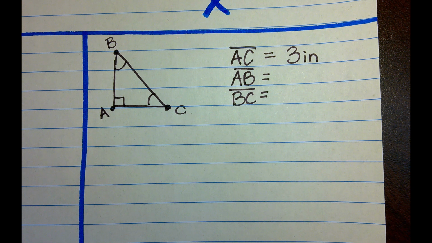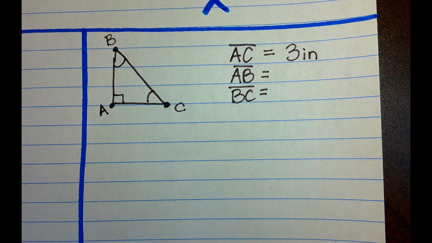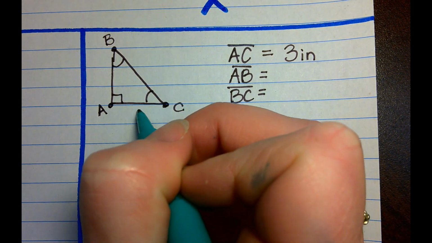I always like to start these problems by labeling what I know. What am I given? AC equals 3. Yes, I know AC is 3 inches. So let's go ahead and write 3 down here.